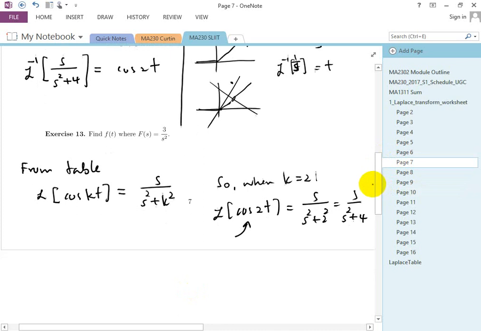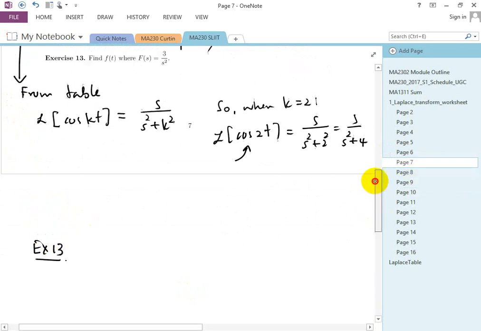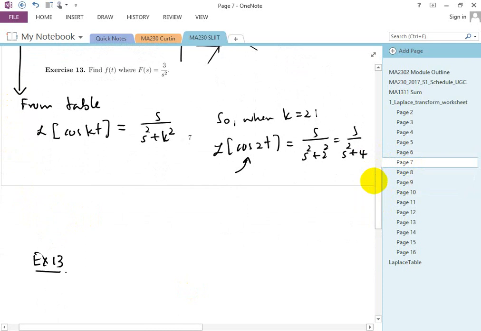Okay, let me give you one. So this is for this one, exercise 13. So we are asked to find f of t. So F of s, now please change this 3 to 1.